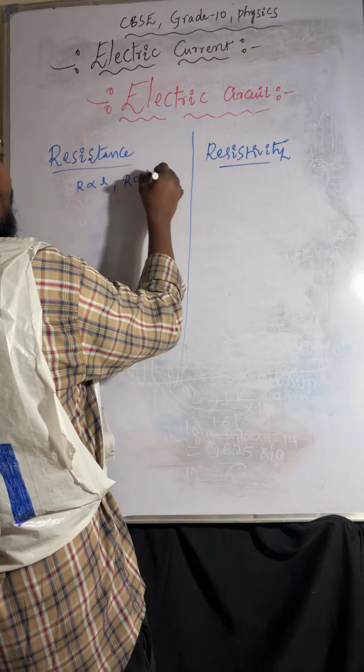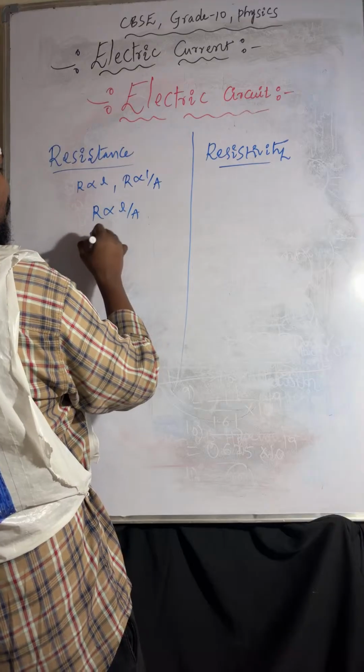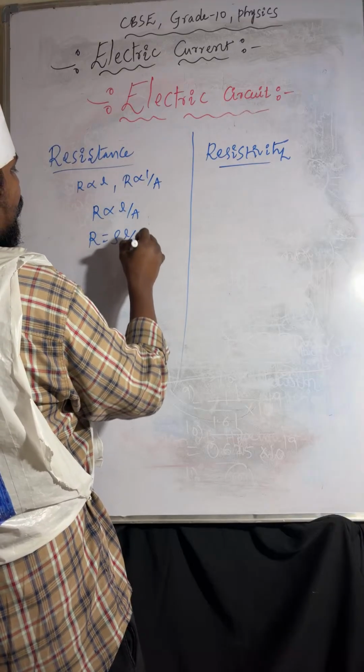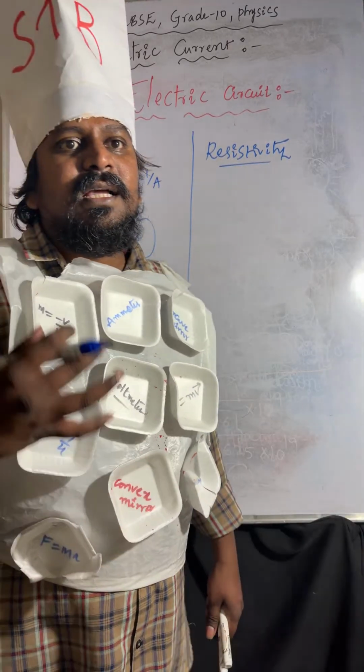Resistance is inversely proportional to the area of cross section. R is directly proportional to L and inversely proportional to A, so R equal to rho into L by A.